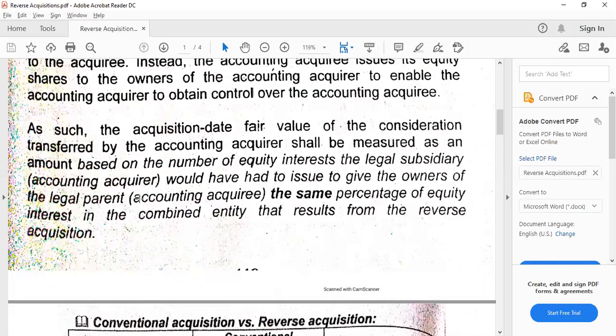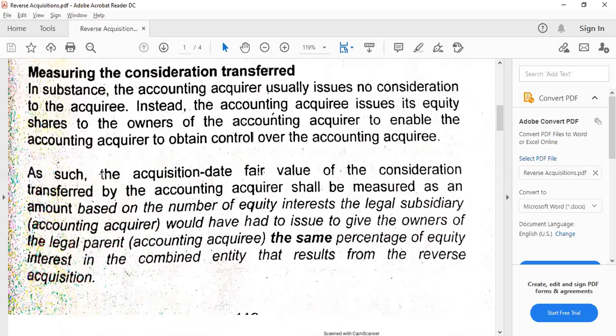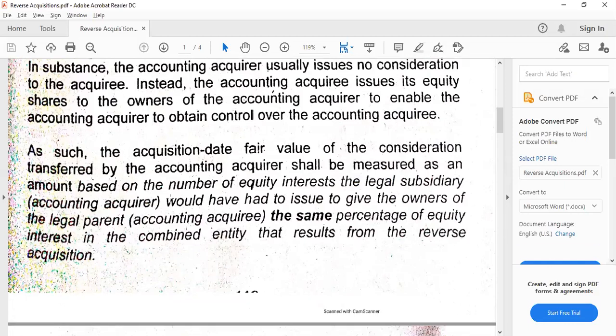All right. So going back, how do we measure the consideration then in a reverse acquisition? This is quite technical because of the acquisition date fair value of the consideration transferred by the accounting acquirer, that is the accounting subsidiary, or the legal acquiree. So this is the legal subsidiary, right?